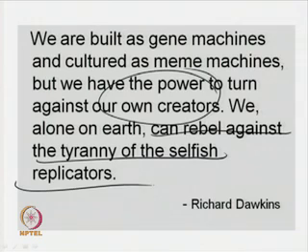Genes and MIMs, on the other hand, are selfish in the sense that selfishness is built into the nature of the gene and the MIM. Why? Because they are also called blind replicators. Their job is to replicate themselves. So, in that sense he says that genes and MIMs are now part of us. They are not, in another sense, our creators, and we alone on earth can rebel against the tyranny of the selfish replicators.